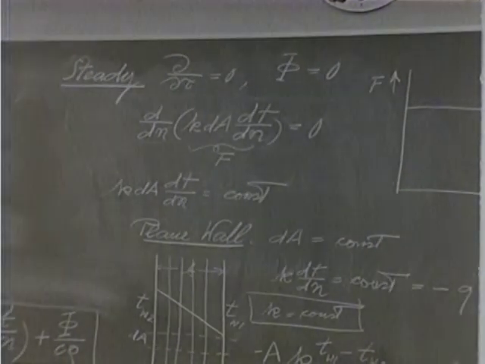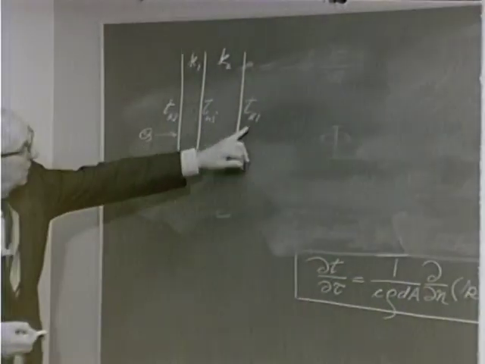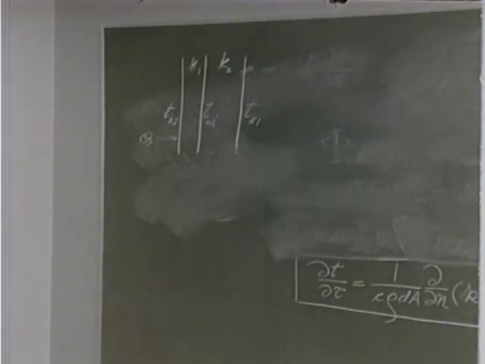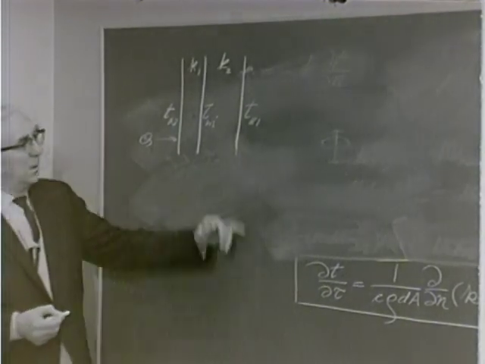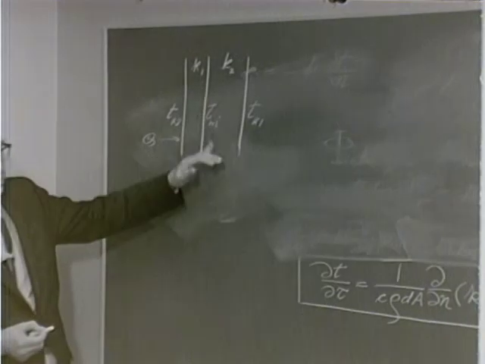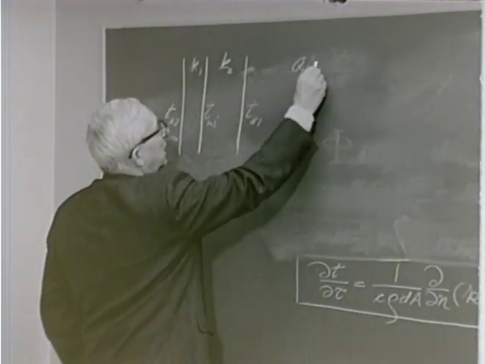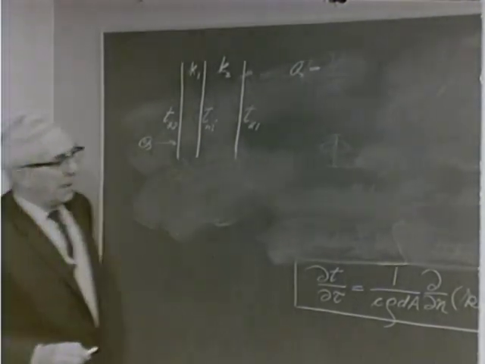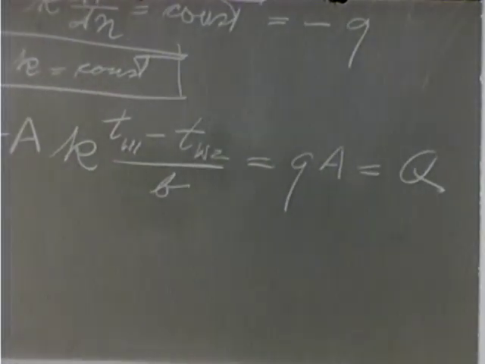So I would like to have an equation which combines the heat flux with the two known surface temperatures. I can immediately write down an equation for the heat flux as a function of these two temperatures. It must be exactly the same as before. So I can write Q is equal to, and in order to get rid of the minus sign, I turn the temperatures around.